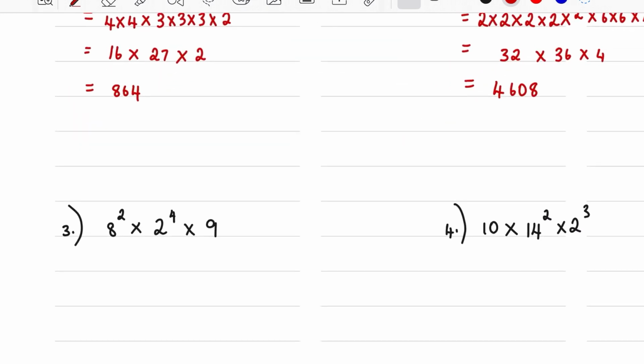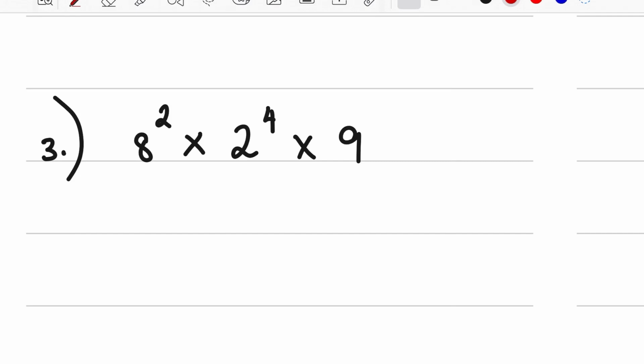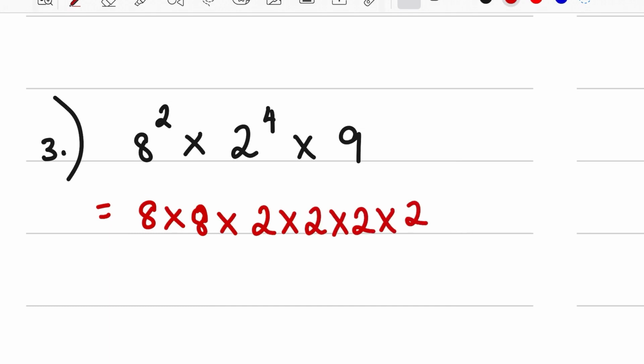Moving on to question 3. Question 3 tells us 8 squared, which is 8 times 8, multiplied by 2 to the power of 4, which is 2 times 2 times 2 times 2, multiplied by 9. So we write that over. So 8 times 8 we know is 64. 2 to the power of 4 is 16.